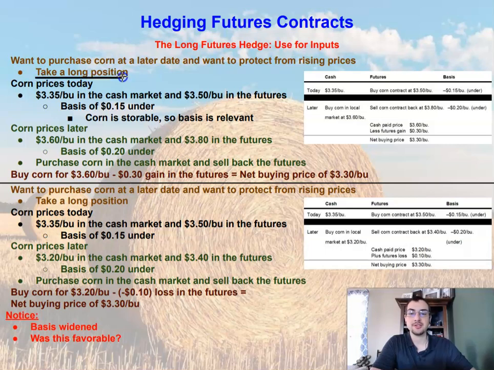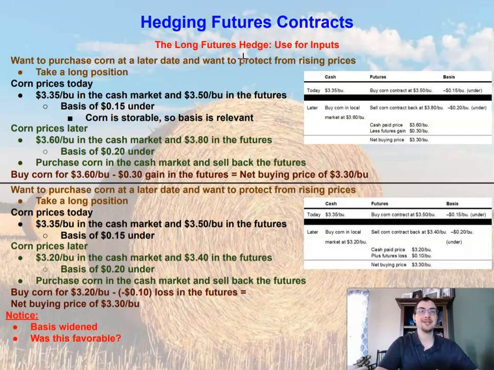What happens if prices rise and you are in the long futures position? You make money. You bought low, prices go up, and you sell back at a higher price. The money you make in the futures offsets the price at which you buy the corn.